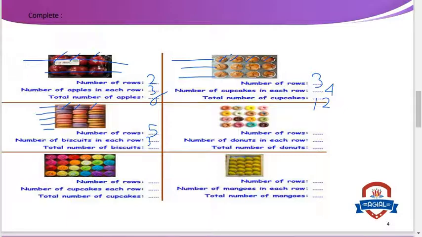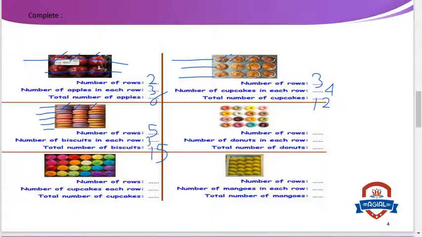We have 5 rows and each one 3 biscuits. So we have 3 plus 3 plus 3 plus 3 plus 3, 5 times. 3 plus 3 equals 6, plus 3 equals 9, plus 3 equals 12, plus 3, super, equal 15. So, total of biscuits equal 15.